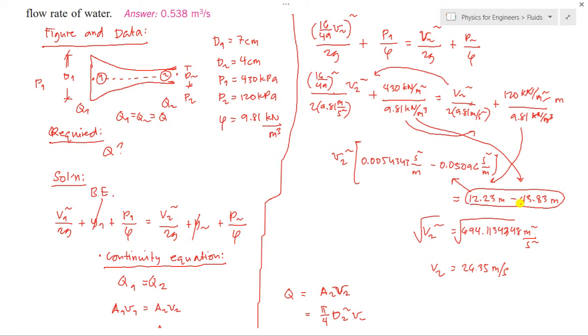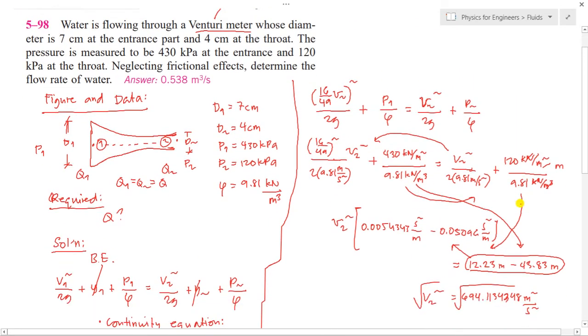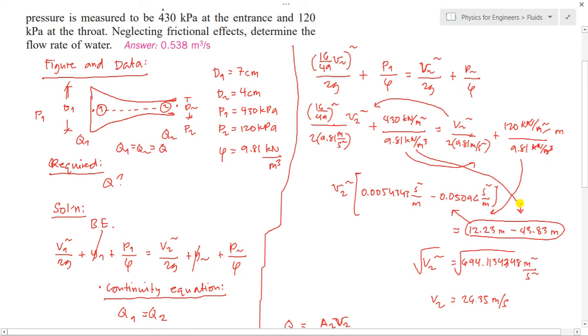And 120 over 9.81 is 12.23. Then 430 kilopascal, 430 divided by 9.81, that is 43.83.